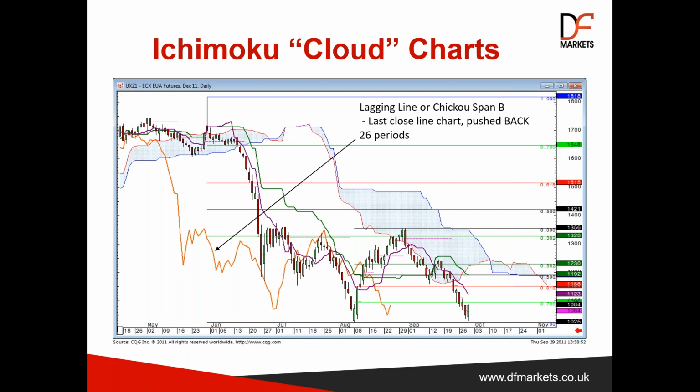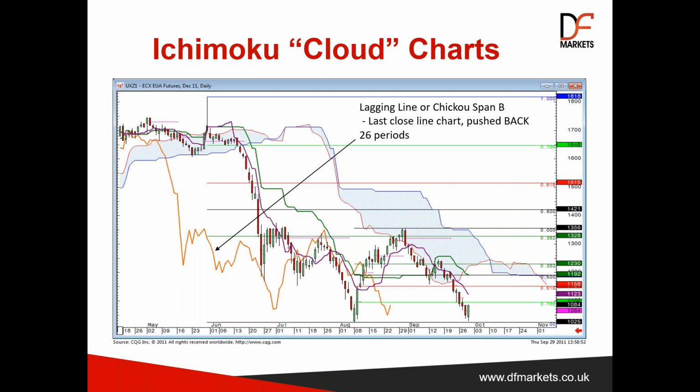Because obviously it is 26 days behind the price, and so once the lagging line moves through the cloud, at the moment on the chart we've got up there, it's below the cloud, and so it's a bearish market. The candlesticks would move up through the cloud to give a buy signal, and then once the lagging line also did the same thing, then you've got your definitive 100% ticking all the boxes buy signal, if you like, from the cloud chart.